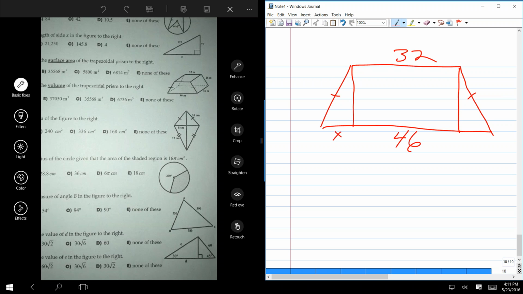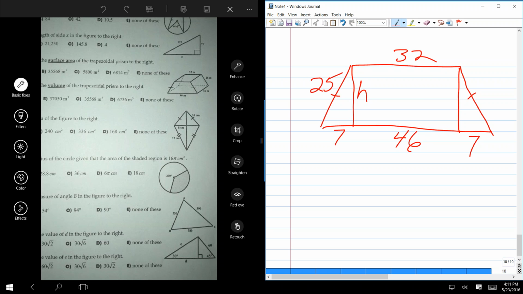What's x? 7. And that's h. And they gave us 7, 24, 25. Isn't that a primitive? I think it is.